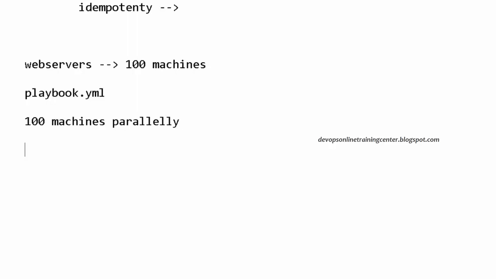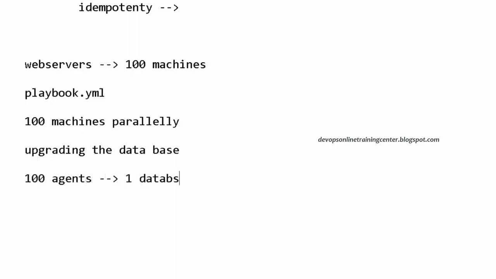Let us take a task of upgrading my database. This particular task will be executed from 100 machines, 100 times, right? So I have 100 agents and there is one centralized database. I'm running a playbook to upgrade the database.